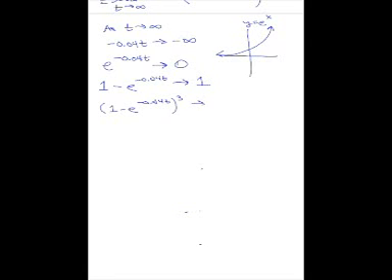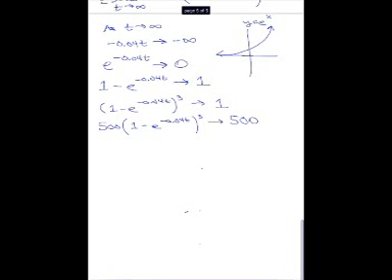If you cube 1, you still get 1. And the last step is you multiply it by 500. Then all that goes to 500. So you're just acting these expressions out.